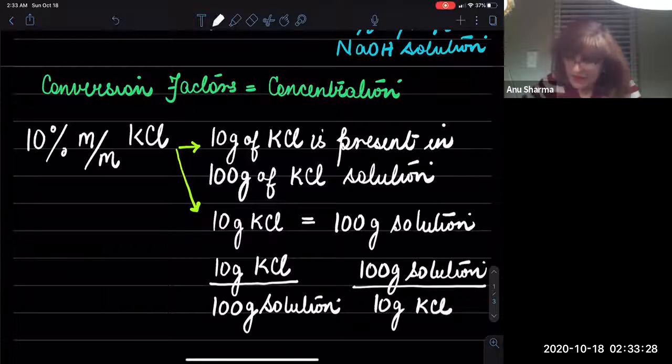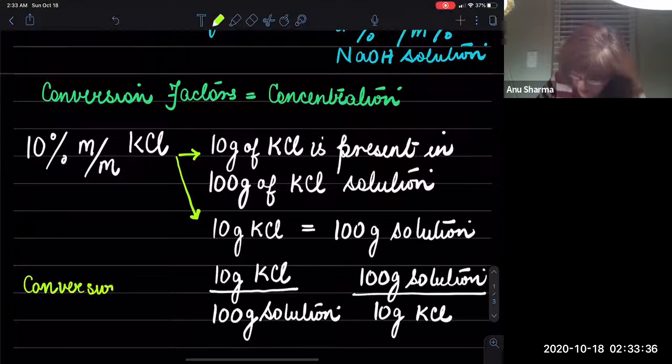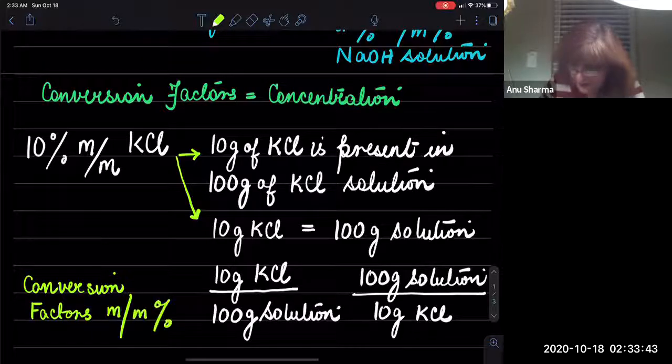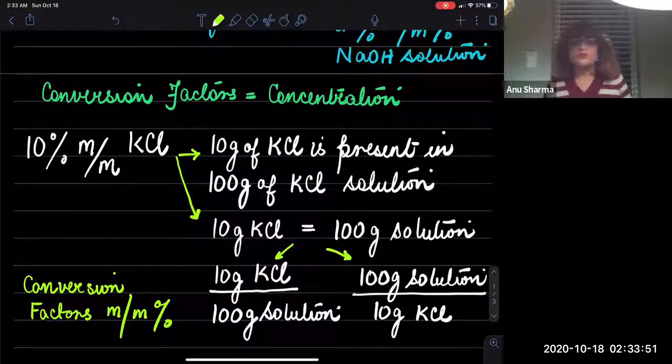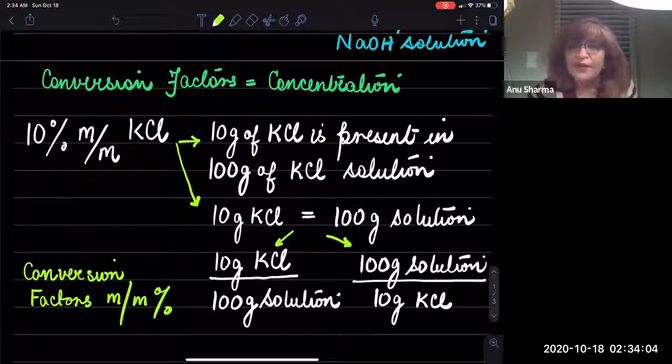These are the conversion factors that you can derive from mass by mass percentage when it is given to you. Depending upon what we are trying to find, you can use the appropriate conversion factor. We are going to be using that in future examples, but for now, I hope it was helpful.